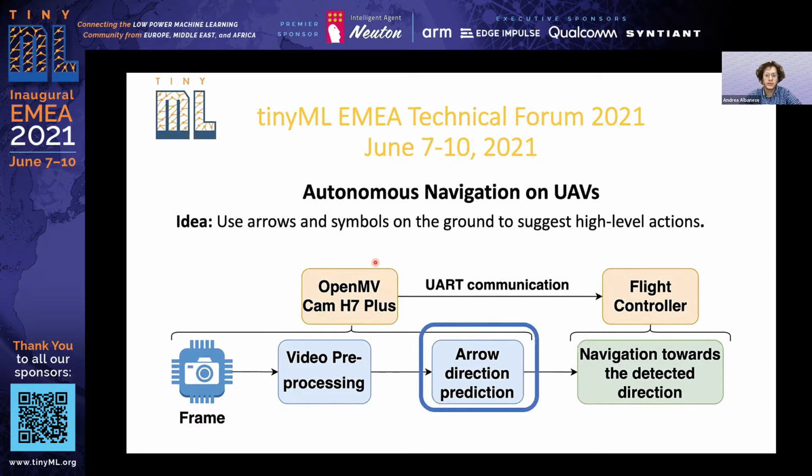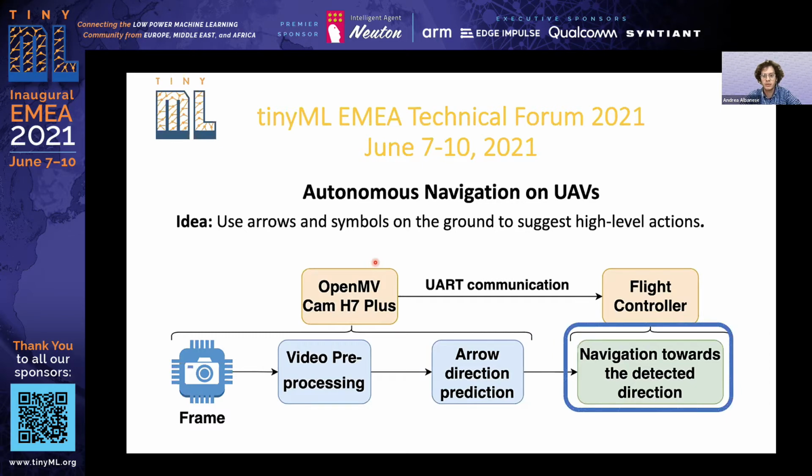Then these regions of interest are given as input to the arrow direction prediction algorithm, which predicts the direction of the arrow to enable the navigation, thanks to the flight controller of the drone, toward the detected direction. The first three tasks are running on the OpenMV Cam H7+, which is an MCU-based camera.